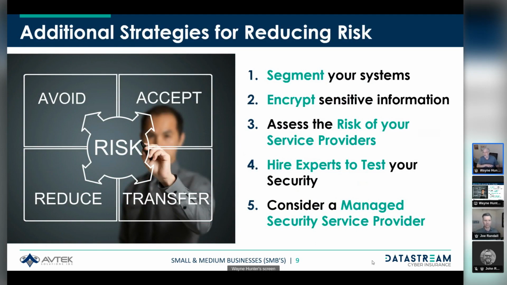So in the strategy of reducing risk, we gave the 7 that are very common, what insurance underwriters are looking for and things they say. But another thing we're finding is that when they start asking about reducing that risk, they ask questions about how your IT is being done and how you segment things. When you're an SMB, a lot of SMBs are like deer in the headlights.